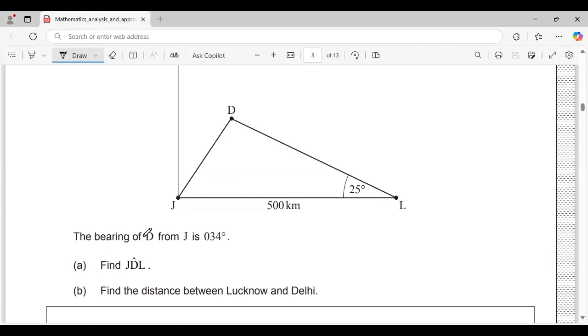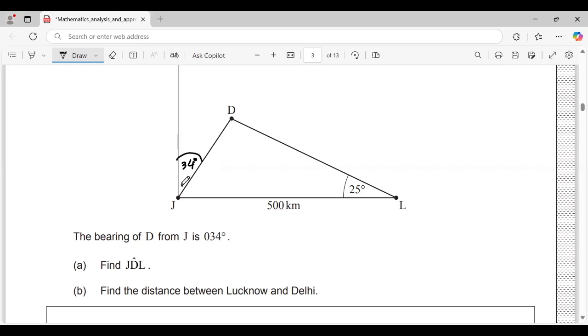The bearing of D from J is, sorry, not 0.34, but 34 degrees. So this is 34 degrees.